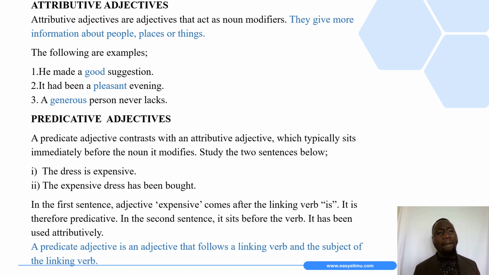So dear students, a predicate adjective is an adjective that follows a linking verb and the subject of the linking verb.